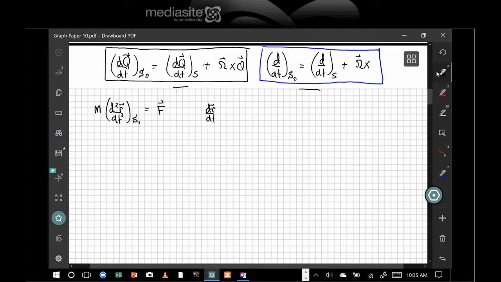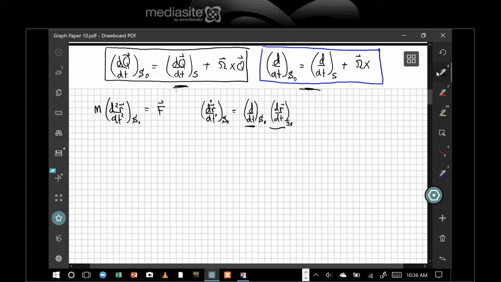So this gives me a nice relationship between a rate of change in the fixed reference frame to the rate of change in the rotating reference frame. And then what I did was I just rewrote this as an operator, which I'm going to call d/dt in S naught. It's going to equal d/dt in the S frame plus Omega cross, and then I have to operate on whatever that thing is.